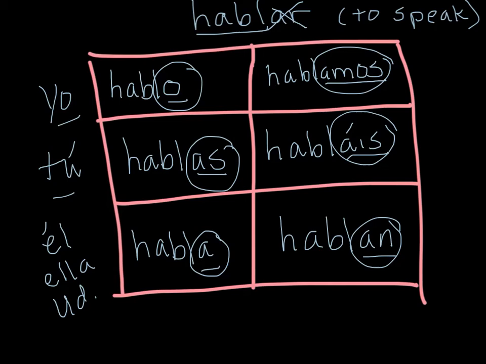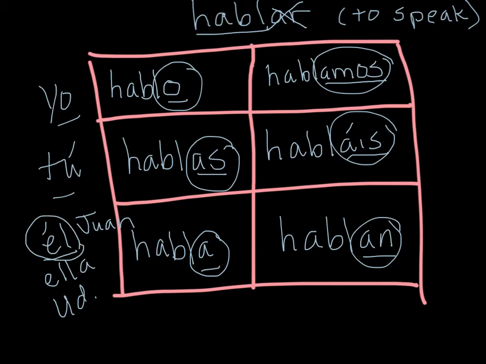Okay? One other point. Sometimes you're not using a pronoun. Instead of saying él, he, you might use someone's name. Like Juan speaks. You'd say Juan habla, because Juan would be substituted with él if you wanted to use a pronoun.